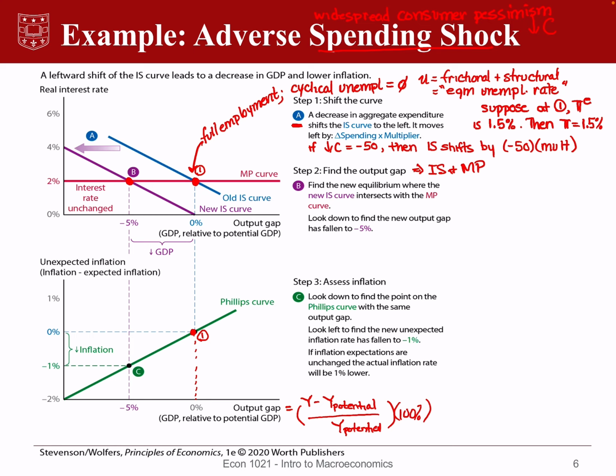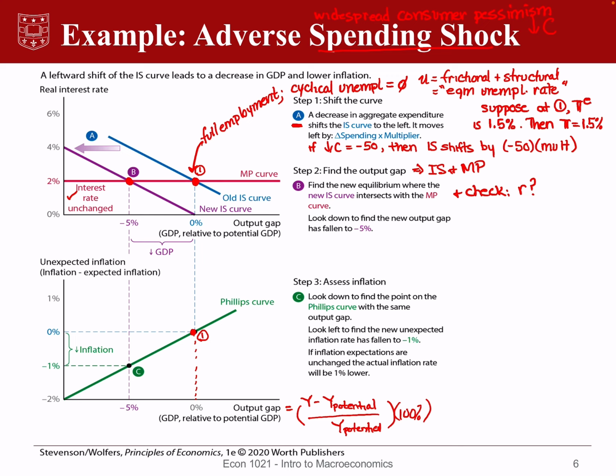So the output gap has become less positive, or it's become negative. We can also check what's happening to the real interest rate. Well, of course, in this case, because the MP curve didn't shift, the real interest rate is unchanged. So that's what we have denoted there.